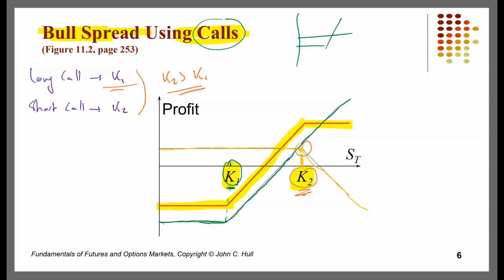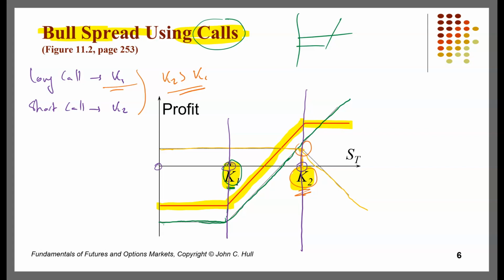Remember, we are working on the same underlying, with two call options and the same maturity, just two different strike prices. So we can break this into three regions: where the stock price is between 0 and K1, between K1 and K2, and above K2.